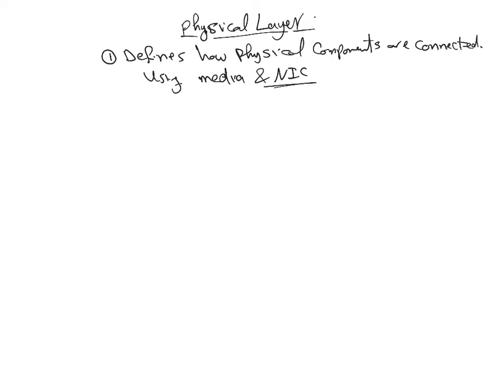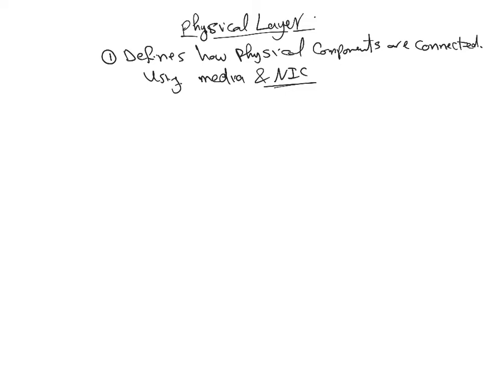Okay, so by physical component here I mean any kind of device, whether it's a network device or an end device, whether it's a router, hub, switch, anything. Any physical device on the network has to have a network interface card to interface that device with the network.